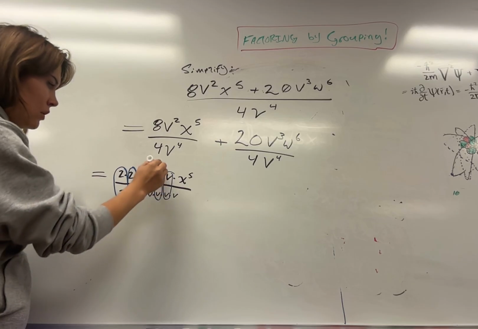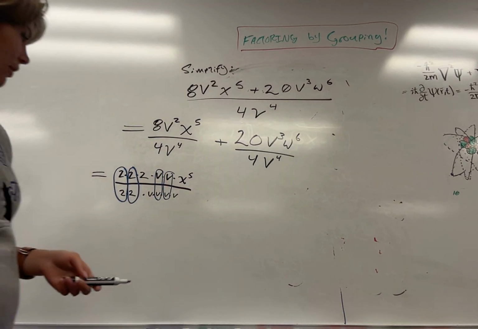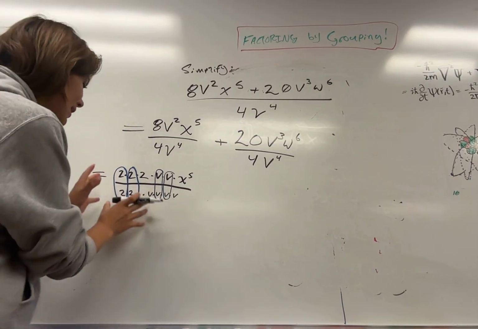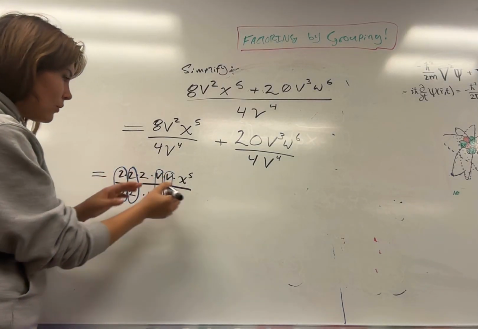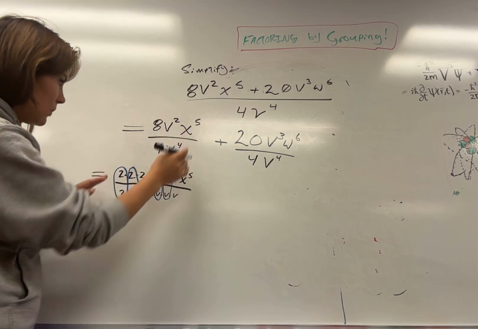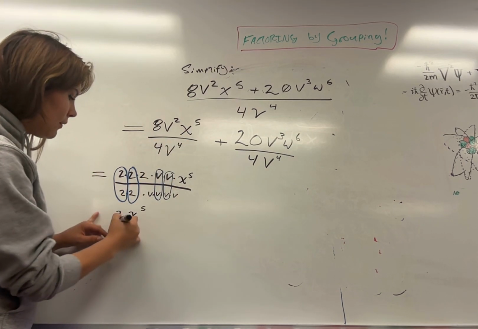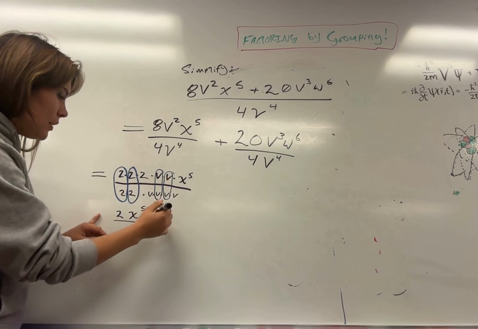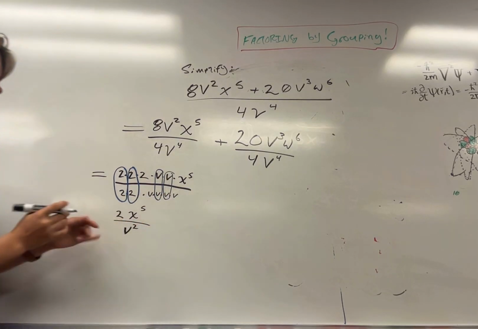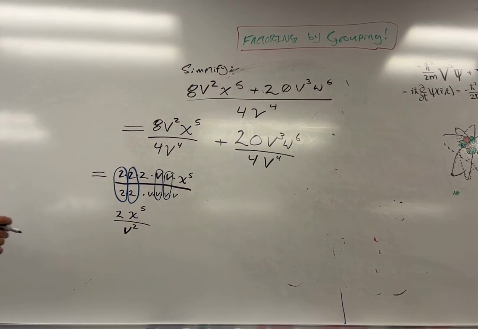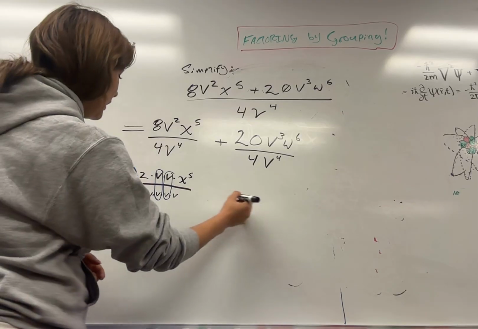Here's another 1. Wow, we just got rid of a whole bunch, because each of these is literally equal to 1. And so what we're left with in this first term is 2 times x to the fifth divided by v times v, which is just v squared. Beautiful.